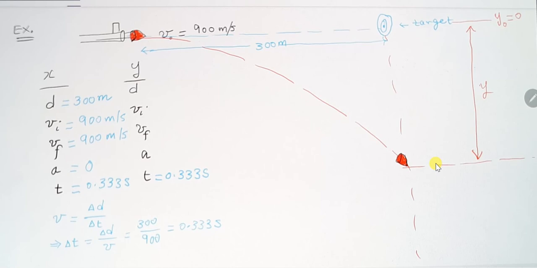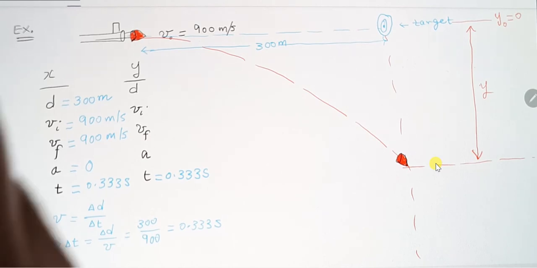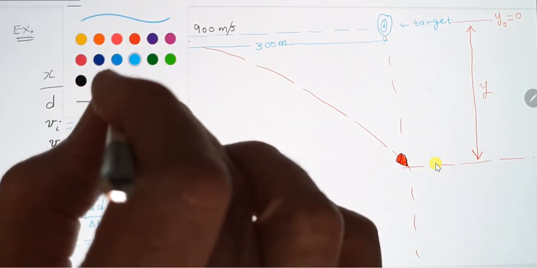Why is it also the same time? Well, if the bullet reached the target, that means projectile motion is over. So whatever time is traveled in the x-axis is the time traveled in the y-axis. Clear for this point?